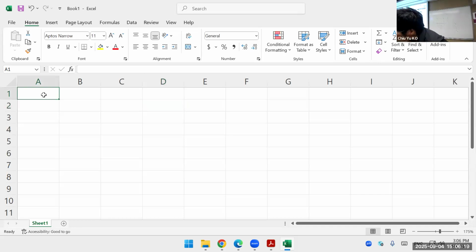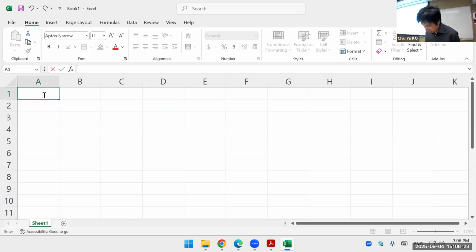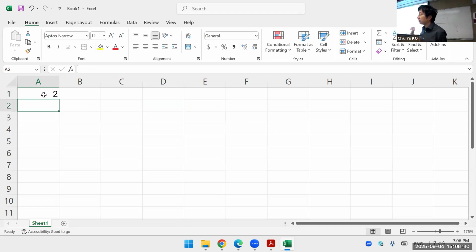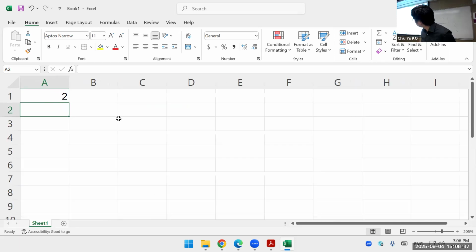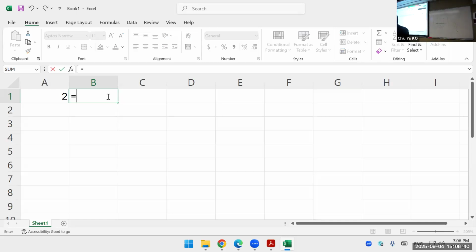So let me do the addition. You start by having an equal sign, and 1 plus 1 equals 2. That's the formula. To further show you, I will show a particular thing we call a function. Instead of doing an operation, you can put in a formula, and that's the power of Excel: there's a built-in function that can do the calculation.